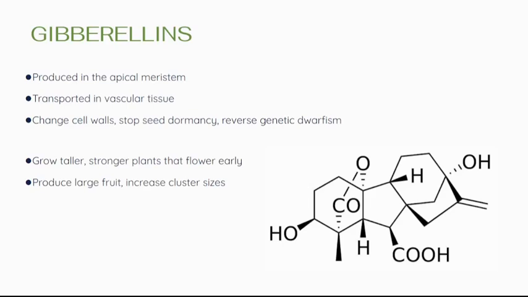Gibberellins, however you pronounce it. This is also produced in the apical meristems. It's like a game changer, honestly. It transports nutrients, it breaks seed dormancy, and it even reverses genetic dwarfism. So with these hormones, plants will grow taller, grow stronger, grow earlier, and produce larger fruit.